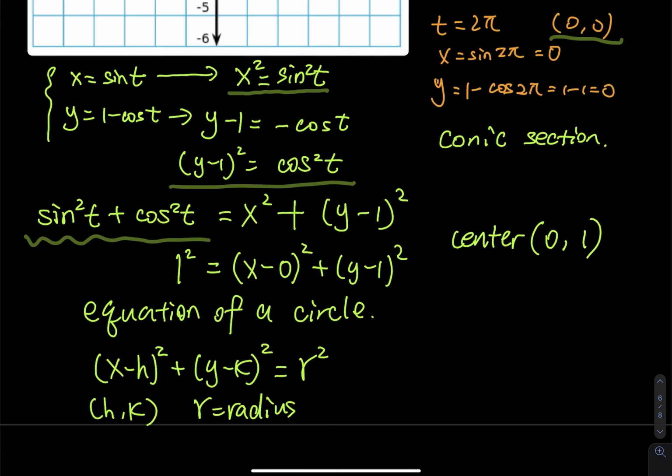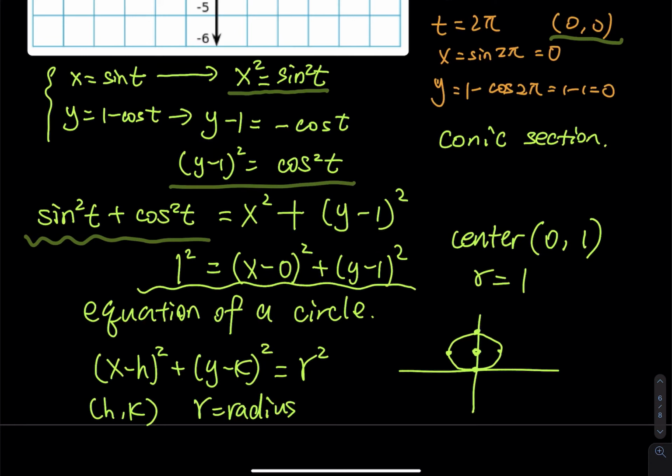And the radius is equal to 1. So that is pretty easy. 0, 1 is 1 step above the origin, and then you have radius 1 in each direction, and then you sketch your circle. So this is the graph of this equation of a circle.